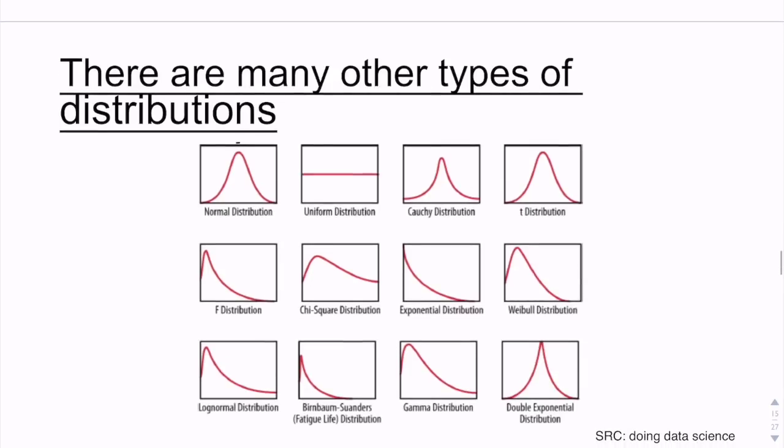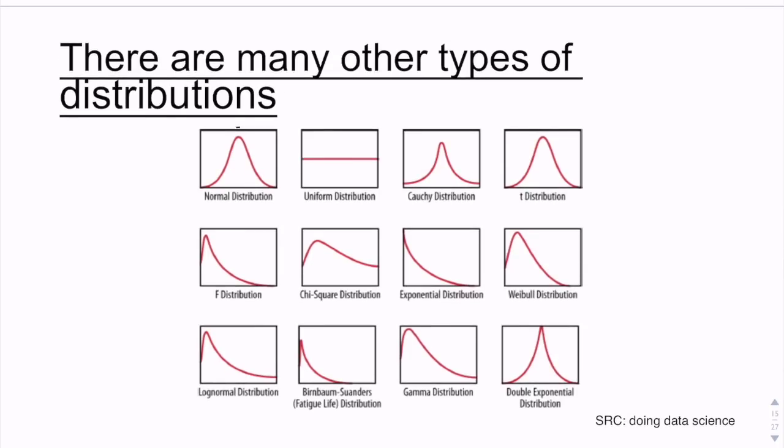So here there are some famous distributions. We have the normal distribution and the uniform distribution. I wanted to take a moment and talk about the uniform distribution. In a uniform distribution, the probability of any random variable drawn from this distribution is a fixed number. So there's a similar chance for any number you draw.